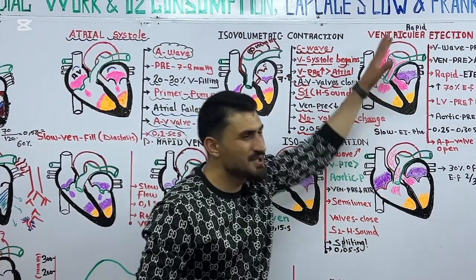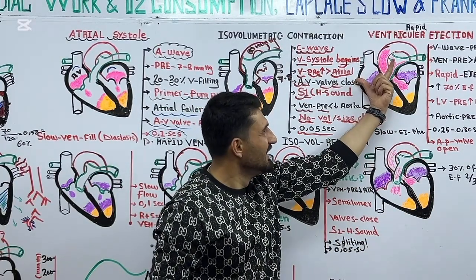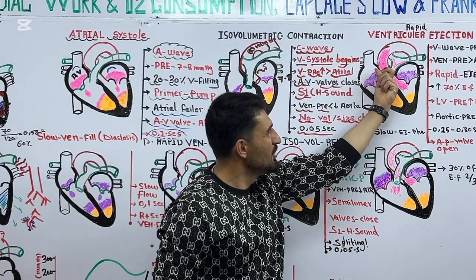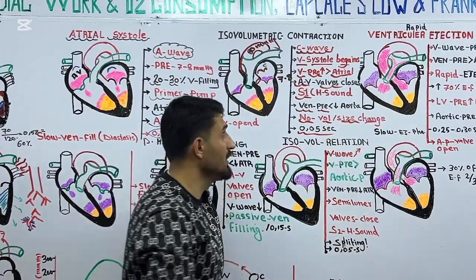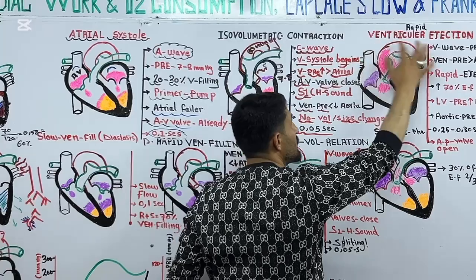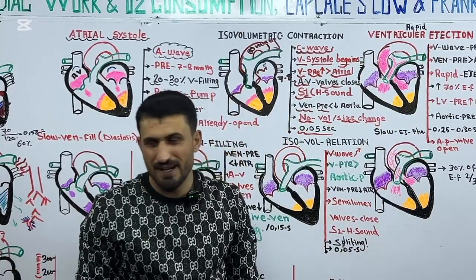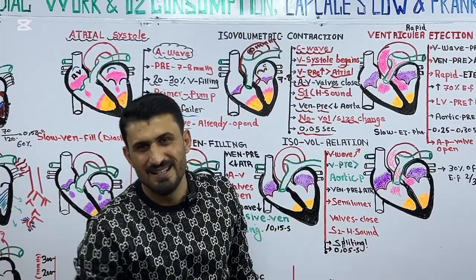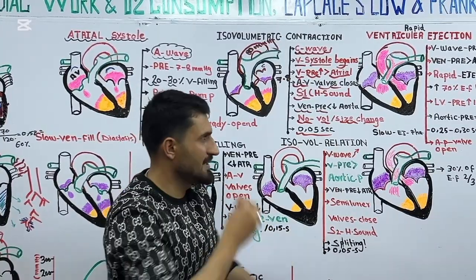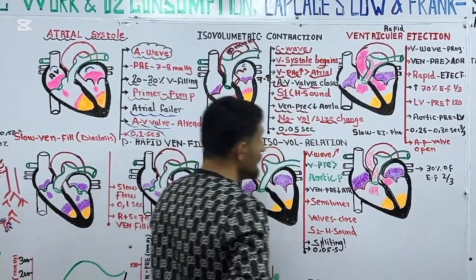It pumps blood because the valve is opened by this pressure. Now this phase is called the ventricular ejection phase. It means I'm ejecting blood to the different systems. Got it?